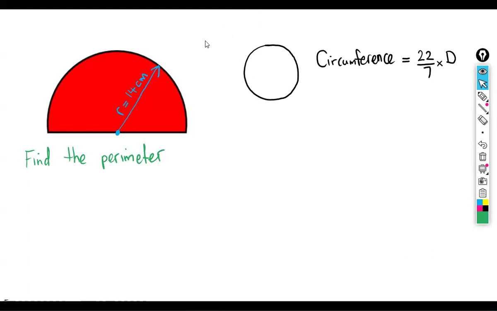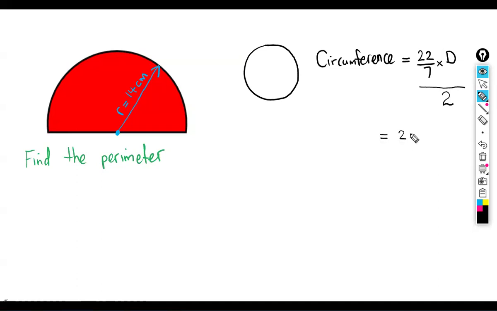So the circumference of a full circle is that formula in front of you right now, the 22/7 multiplied by diameter. But remember, this is half of a circle. So a lot of people will take this and divide it by what? 2. And that makes sense, right? So let's go ahead and try this. Let's see what this formula will give us.